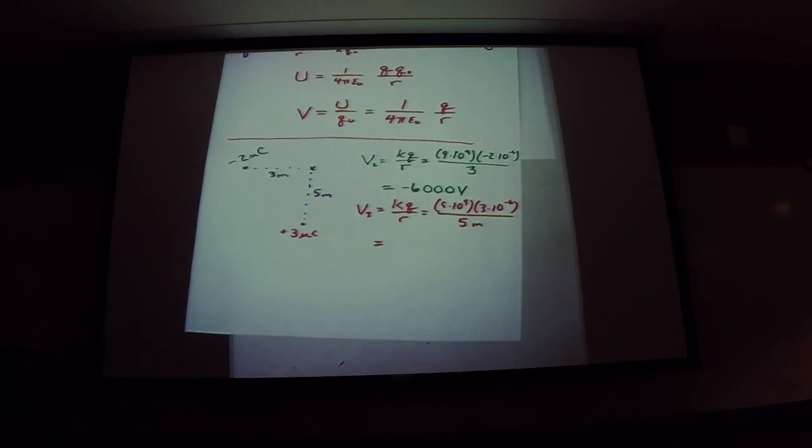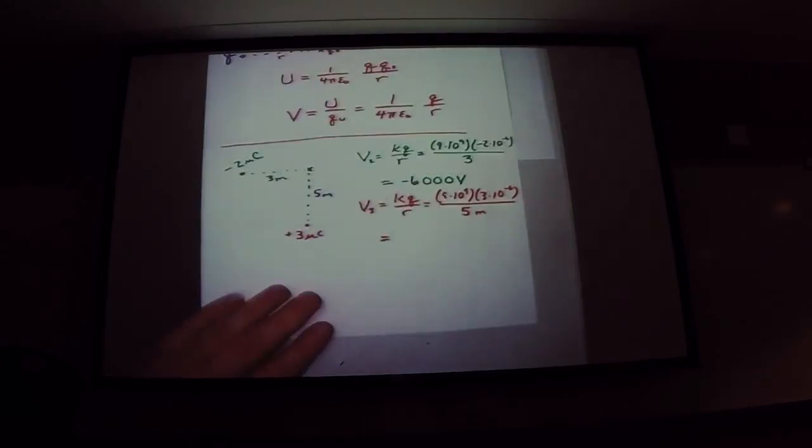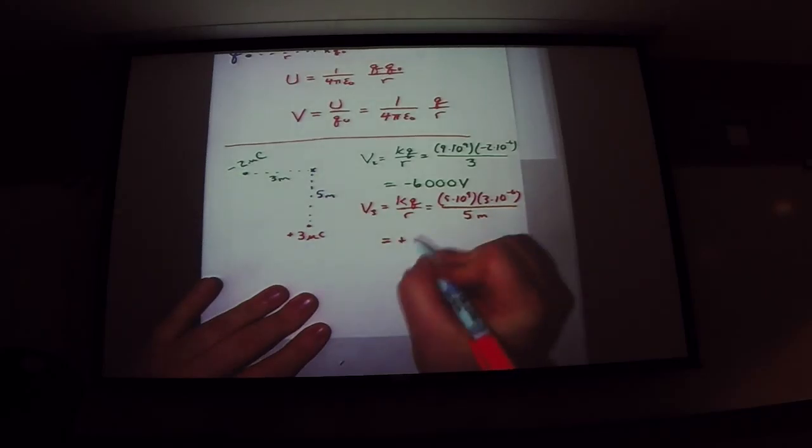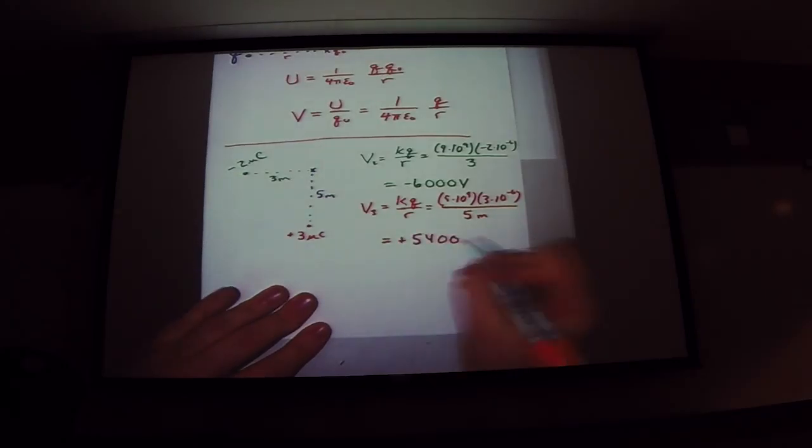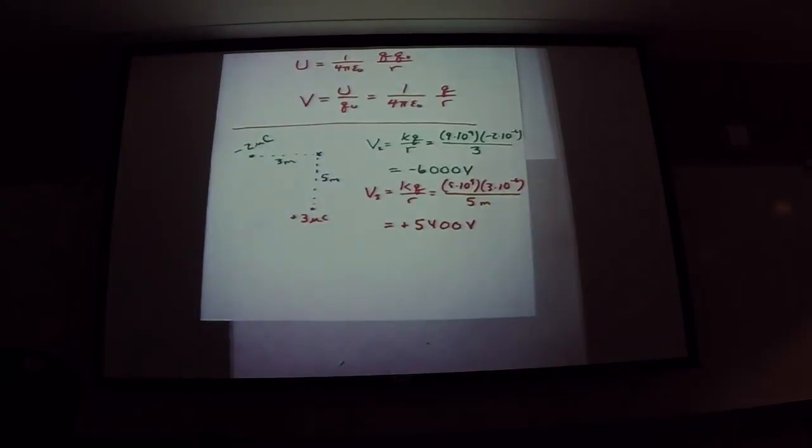Can't quite do that one. 27 divided by 5 is what? 5.4? Okay. So it's positive 5,400 volts, or 5.4 times 10 to the third.